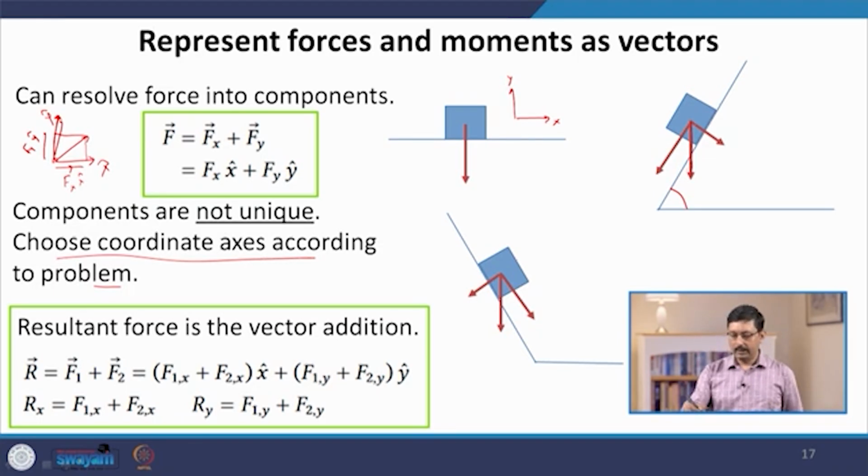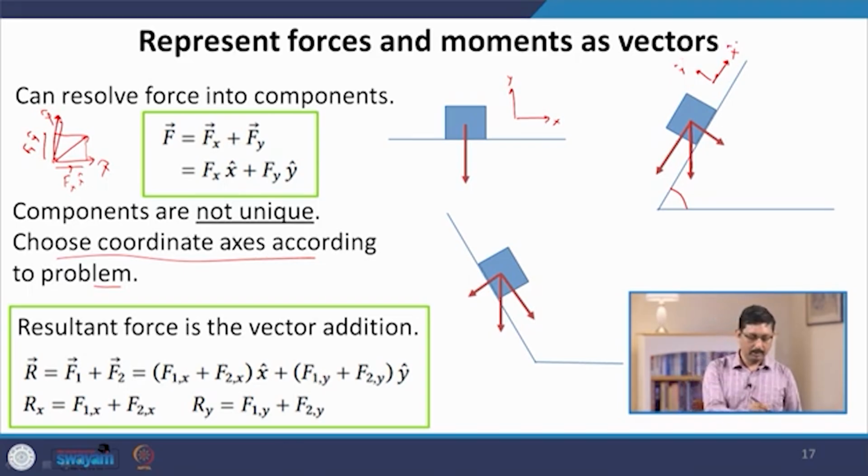In this case the natural way to resolve the force into components is to draw not the earlier direction as your x and y axis, but a direction which is parallel to this inclined plane as your x axis, and perpendicular to the inclined plane as your y axis.